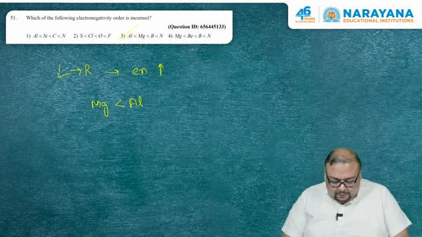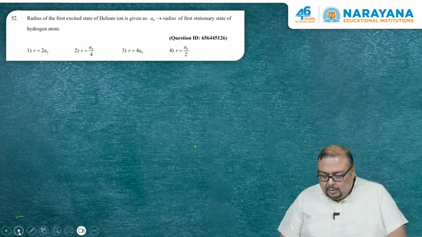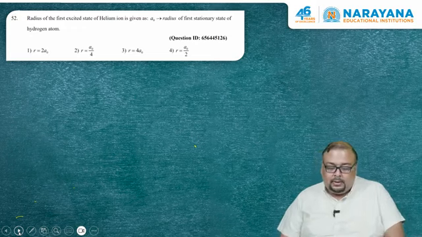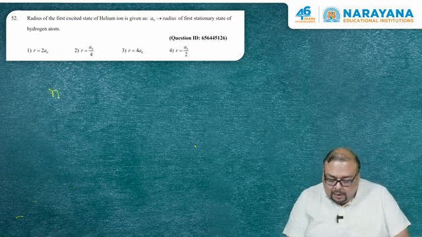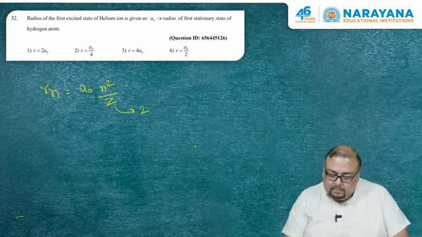Next, question number 52. The radius of the first excited state of the helium ion is given as A naught, where A naught refers to the radius of the first stationary state of hydrogen atom. The radius of the nth orbit is given by A naught n square by Z. For helium, Z is equal to 2, which is the atomic number, and first excited state means n is 2.